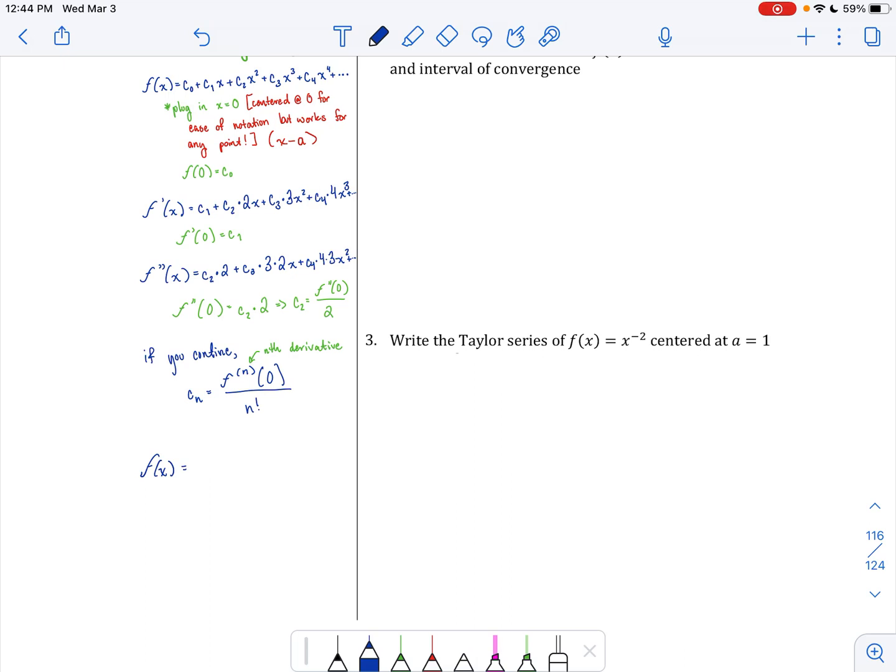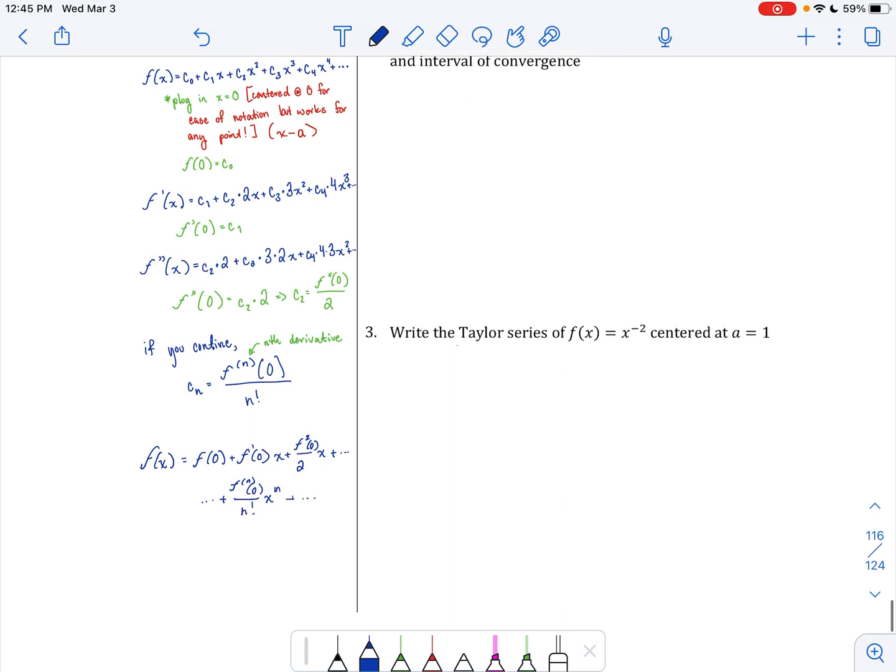So C0, which is f of 0, plus f prime of 0 times x plus the second derivative over 2 times x squared, plus, all the way out, the nth term would be x to the n, and f of n, the nth derivative at 0 over n factorial.